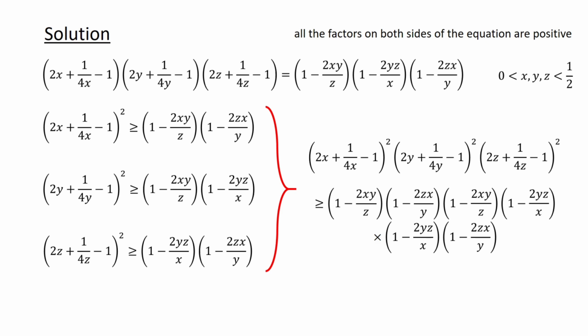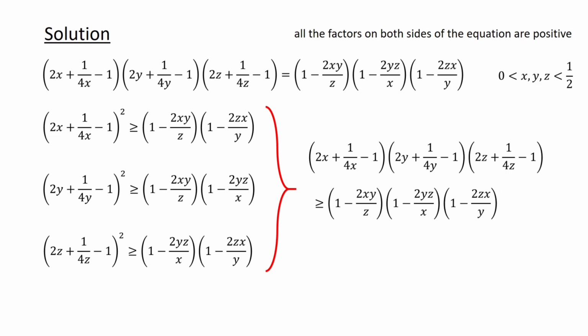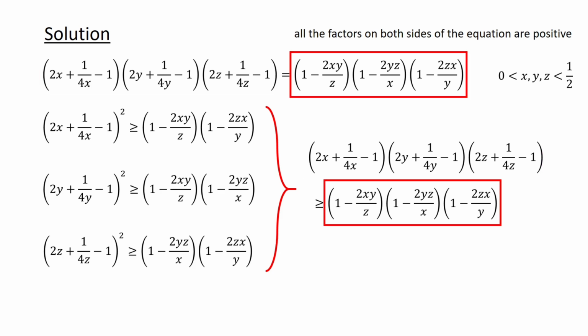The right hand side simplifies to 1 minus 2xy over z whole square times 1 minus 2yz over x whole square times 1 minus 2zx over y whole square. After taking the square root, we thus obtain that the left hand side of our original equation is greater than or equal to the right hand side.